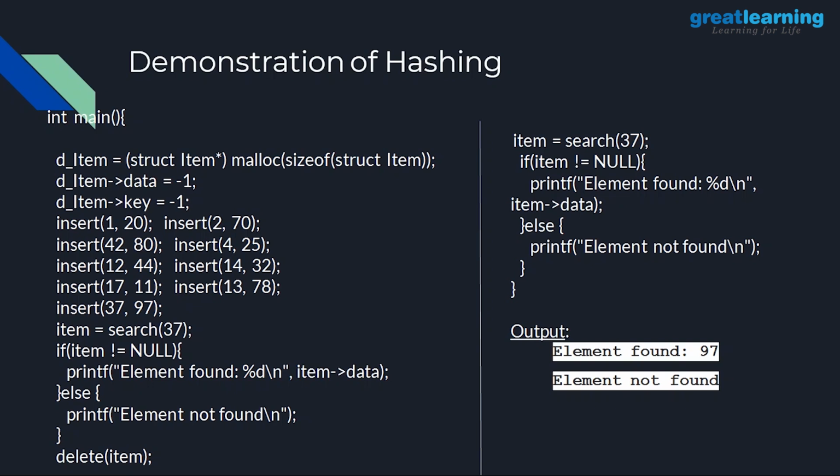So easily we can implement a hash table, for example 1 and its frequency, 2 and its frequency, 3 and its frequency. Whenever I give you an element, let's suppose 1, you will check if that key is present in your hash table. If yes, you will return me the frequency, the data part. If I give you, let's suppose, 100 and it's not present in your hash table, what will be the output at that time?